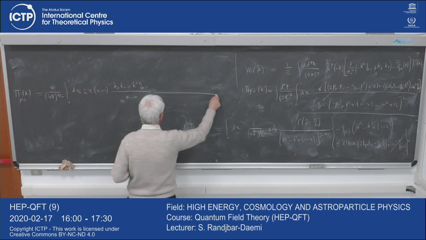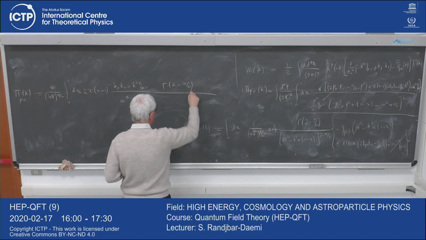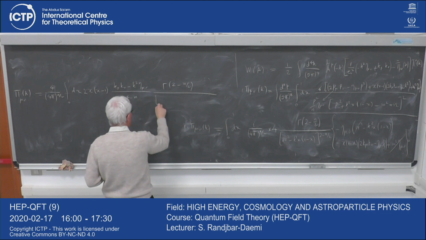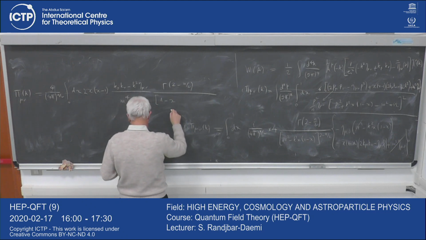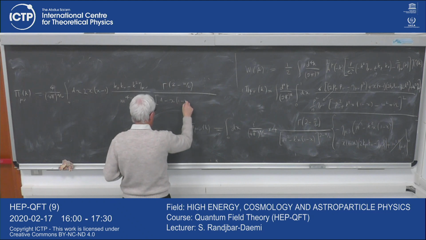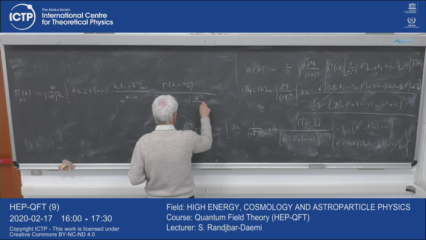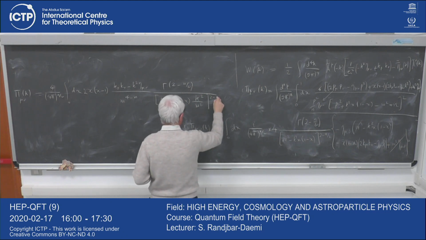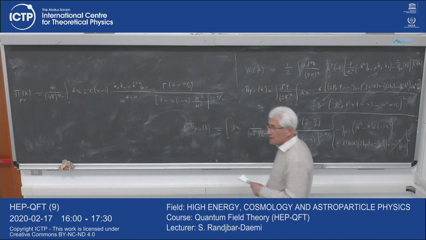Then times gamma of 2 minus n over 2 divided by 1 minus x times x times k squared divided by m squared, to the power 2 minus n over 2. Okay?